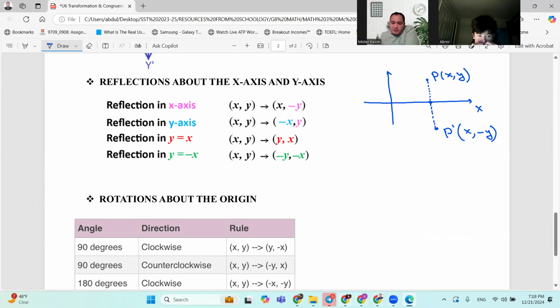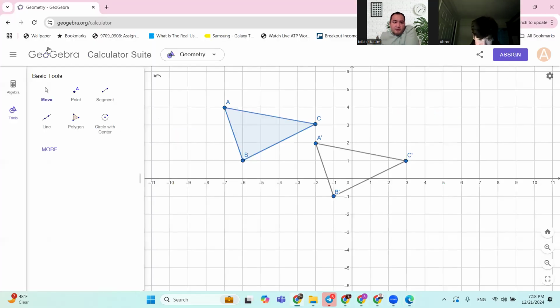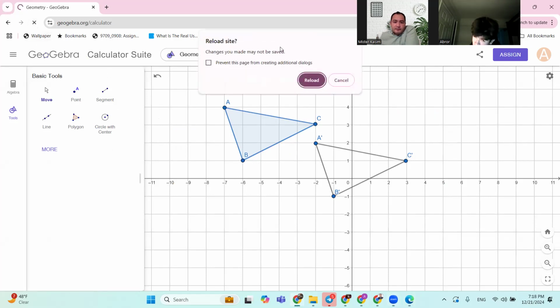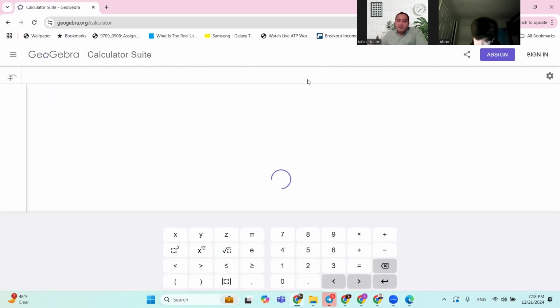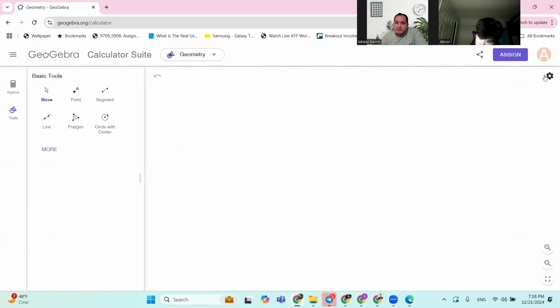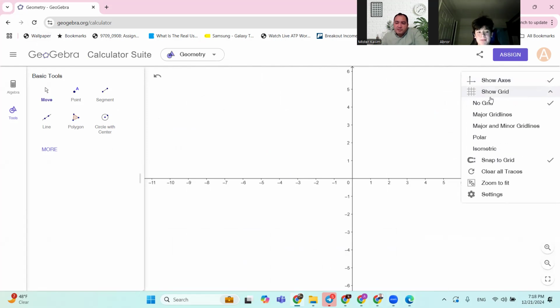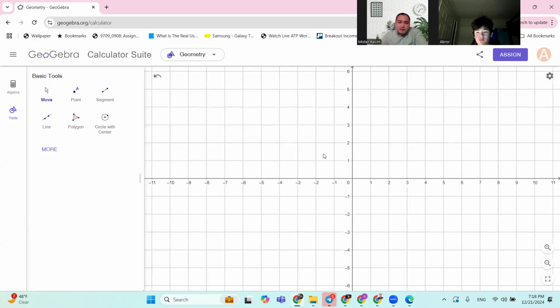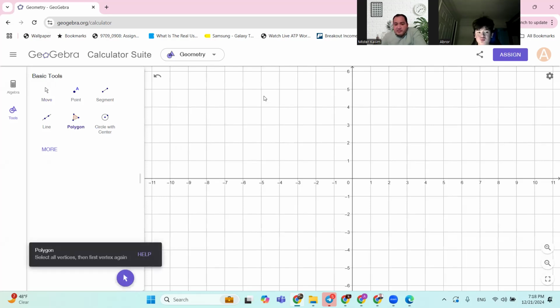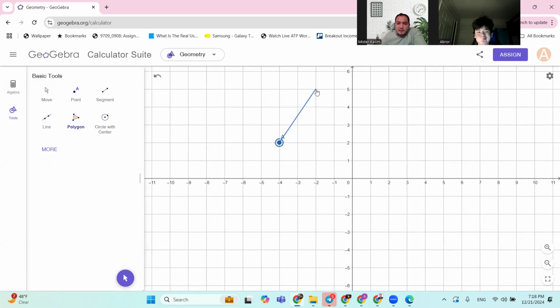Let me show you another example. Suppose that we are given a quadrilateral. Point A is here. Point B is here.